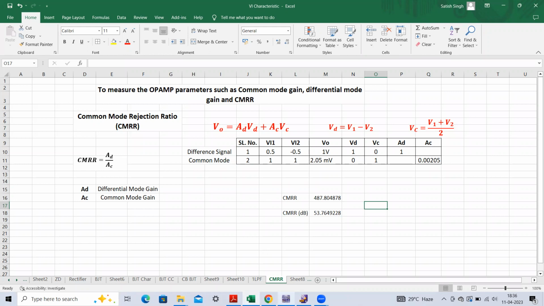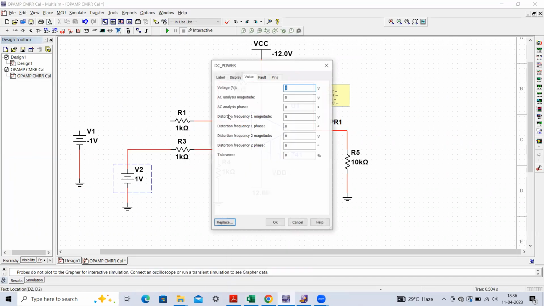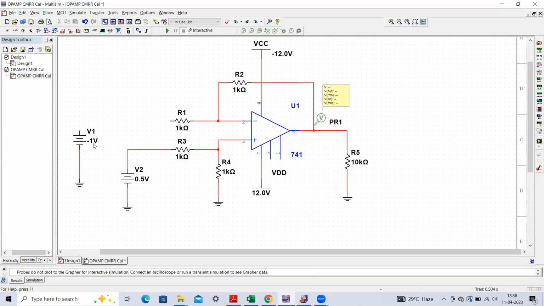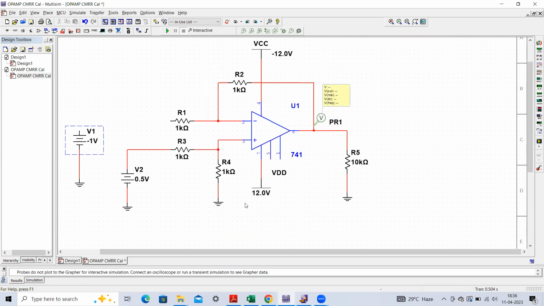Let me first change these values. So I have to take this value as 0.5, and then make this value equal to minus 0.5. Okay, let me make it 0. Now you just have to make this connection, right? First we have to make this connection, and please remember, don't forget to connect the power supplies.